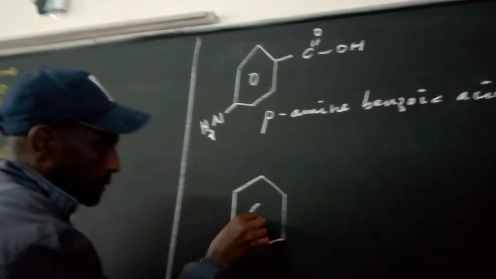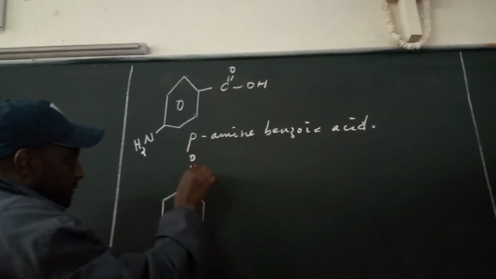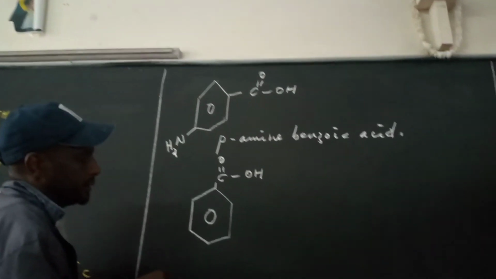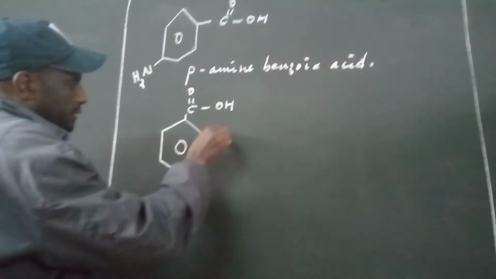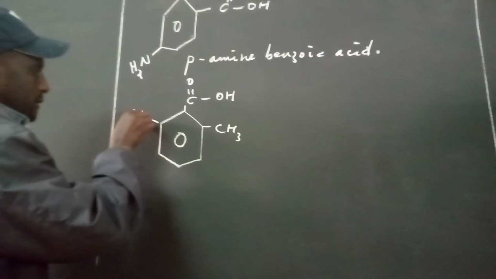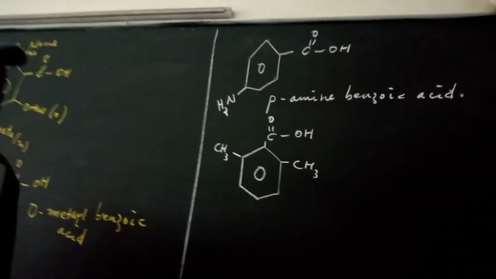Let's add one more. Here, you shouldn't be confused by the position of the carbonyl; it could be anywhere. Now here CH3, and here CH3. How can you give this one the common name and the IUPAC name?